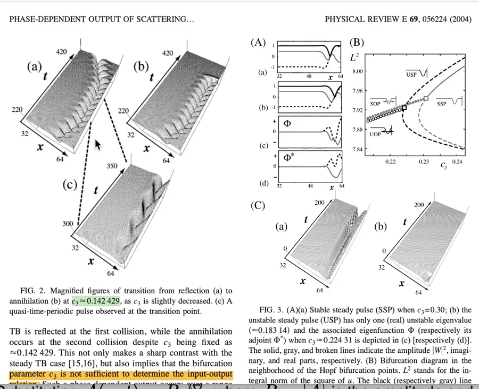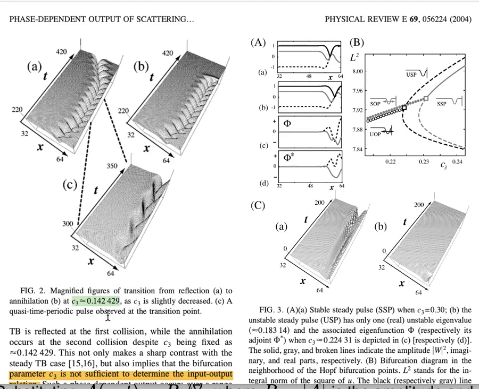However, when the value of C3 is slightly smaller, then the pulse is going to be annihilated. So it's just going to disappear after collision. So there is something important that happens around this value.